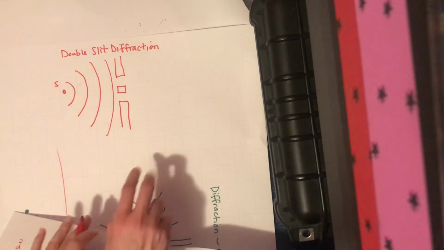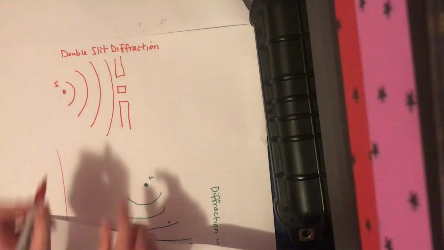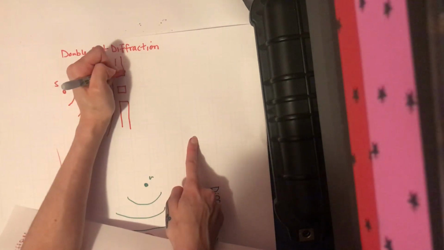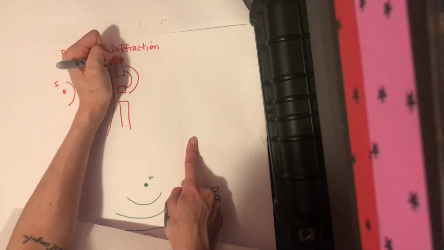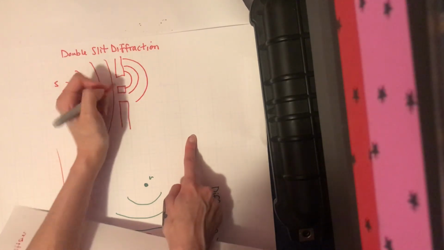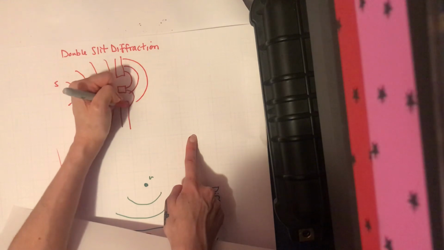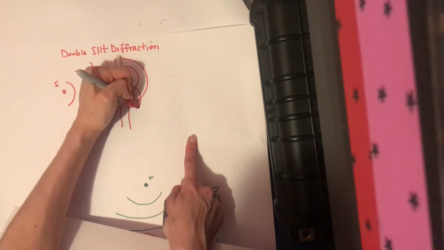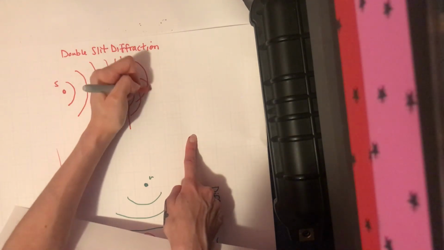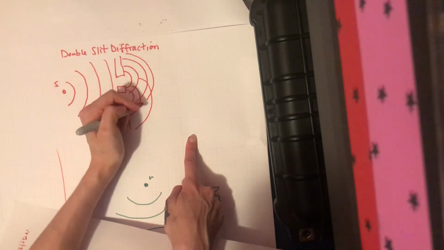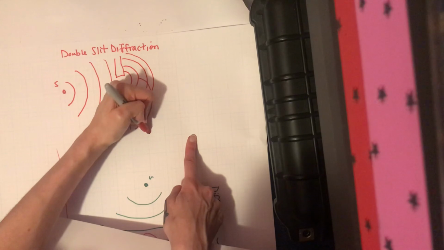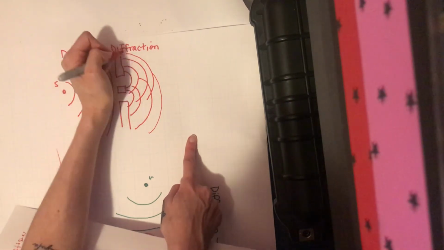And now these wave fronts encounter a boundary, and you're going to get waves spreading out around this boundary, as well as waves spreading out around this boundary. And so what you'll get is interference anywhere these waves overlap with each other.